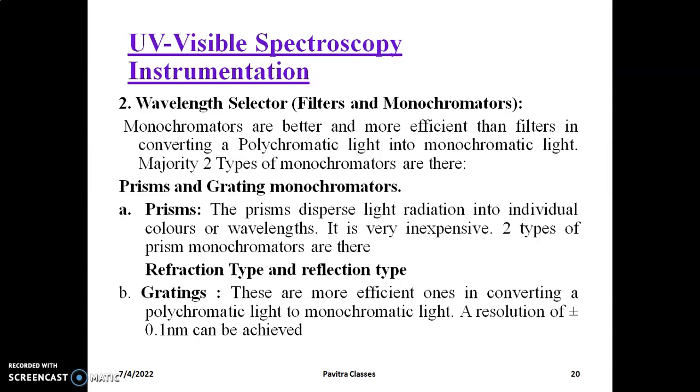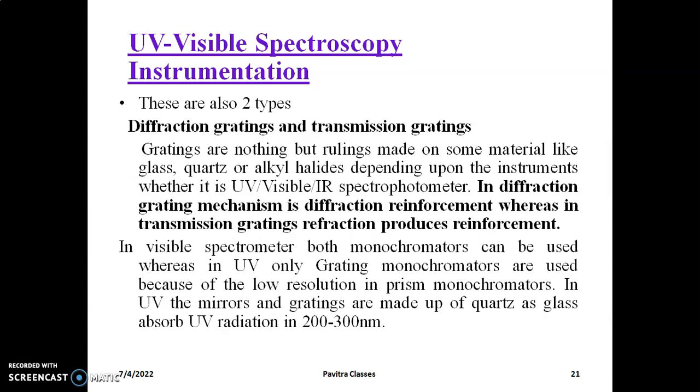Whereas gratings are used in the UV. These are more efficient at converting polychromatic light into monochromatic light. They give better resolution than prisms; a resolution of 0.1 nanometer can be achieved with gratings. Two types of gratings are there: diffraction gratings and transmission gratings.